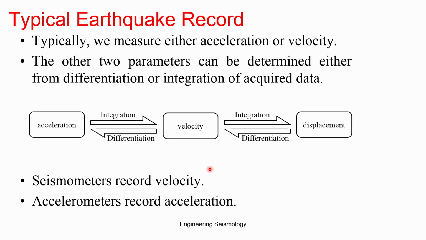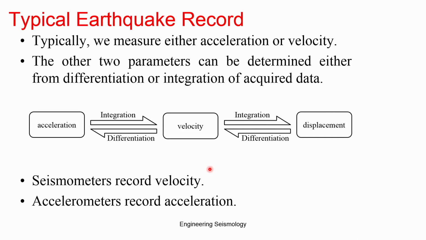As I said, the seismometer records velocity, and the accelerometer records acceleration. But for a particular structural application, we may need acceleration, velocity or displacement, depending upon what type of structure it is and its natural frequency. From one recorded parameter, you can estimate all other parameters.